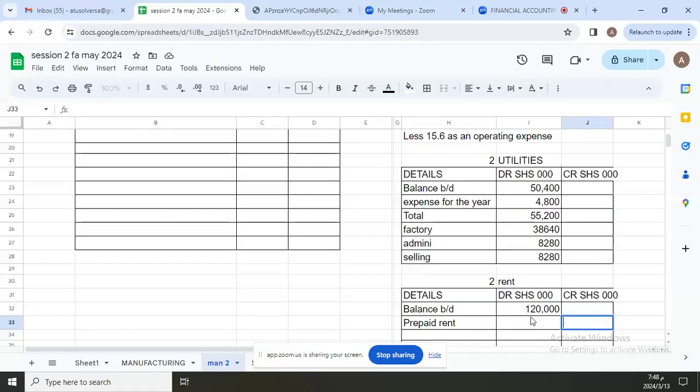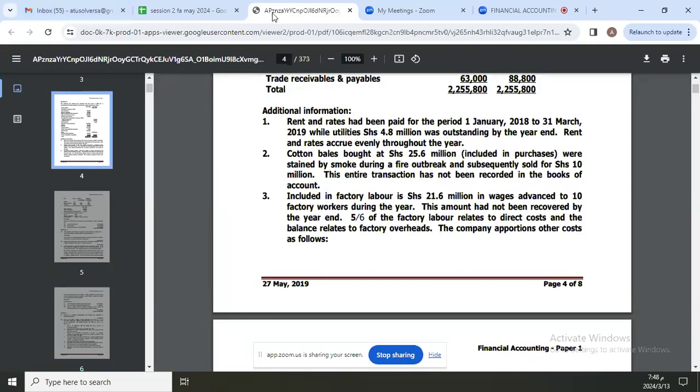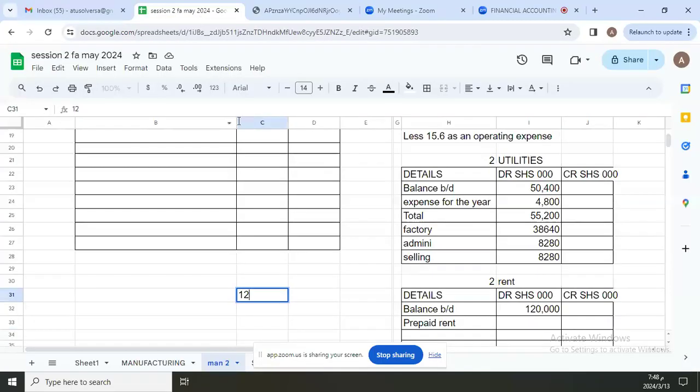So we had paid this one. When you count from January to December, these ones are 12 months. When you check, they are telling us up to 31st of March. So we have other extra 3 months. So we are going to get the 120,000.